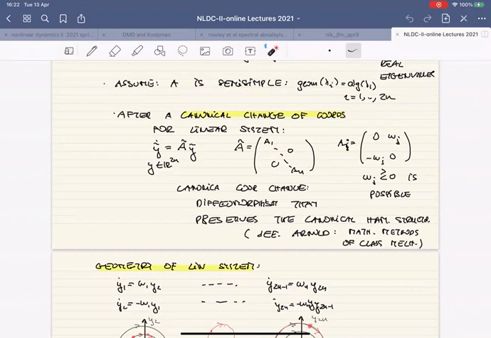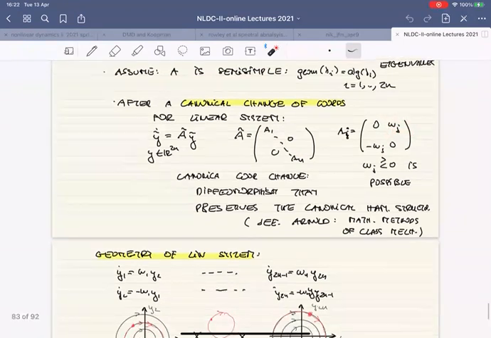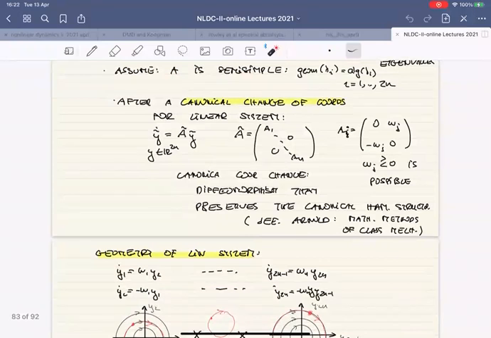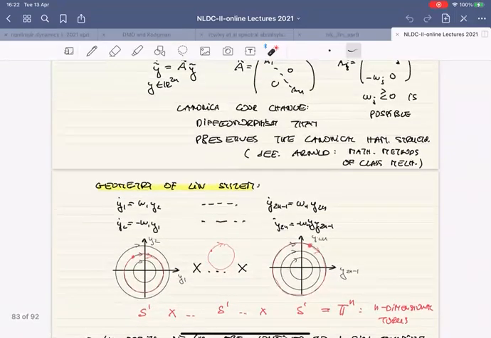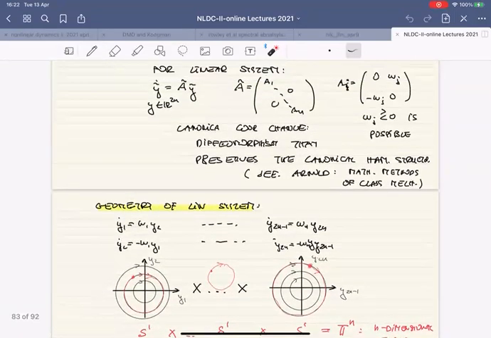But these omega j's may be positive or negative. If all of them are positive, if you can achieve that, then it's a definite Hamiltonian. But I'm not assuming that, so all these can be positive or negative. We discussed a little bit the dynamics, what becomes visible in these coordinates.